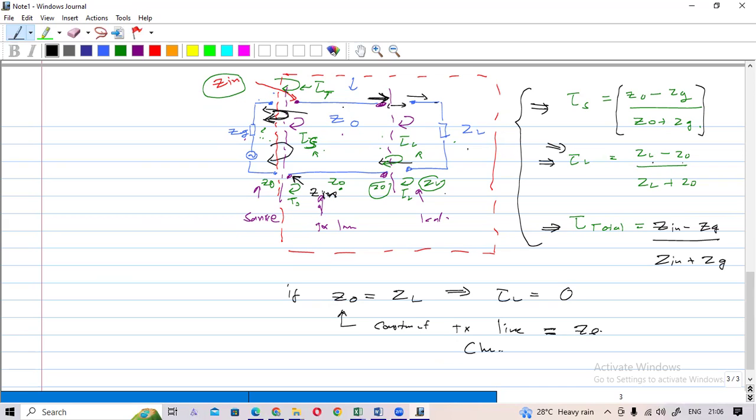By varying the transmission line parameters, the length and width, you can do this. We will talk about that later.